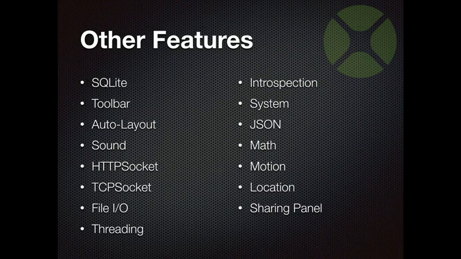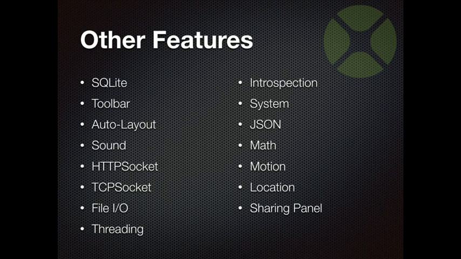And other features that aren't necessarily control related. Of course, we have SQLite on iOS. I love SQLite, in case anyone was unaware of that. And that is definitely available on iOS and works wonderfully. There's toolbars I mentioned. We have auto layout on iOS. You can play sounds in your iOS apps.